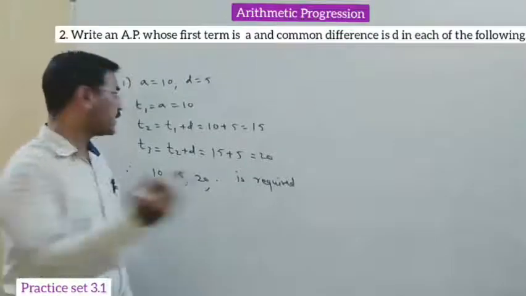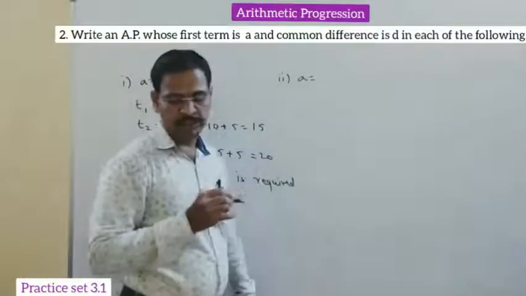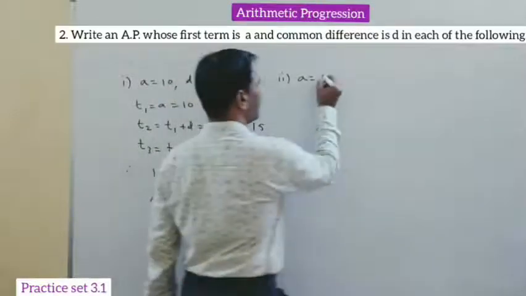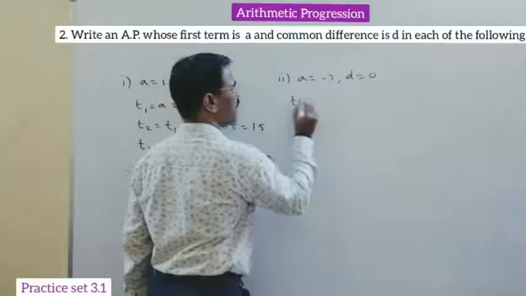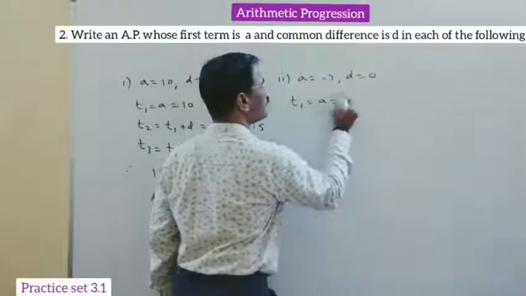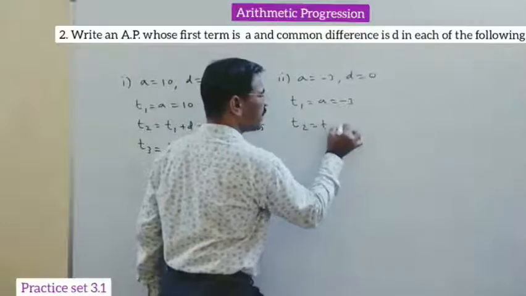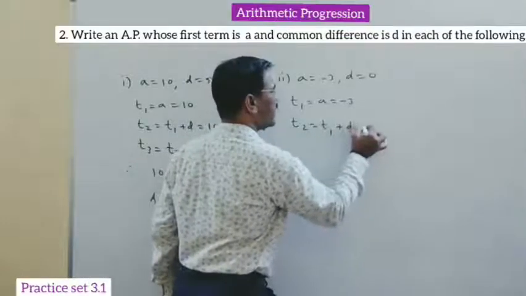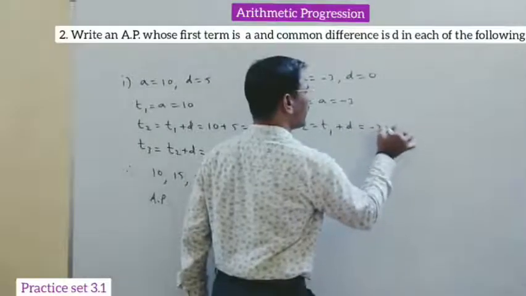Okay friends, see one more given to us. A is equal to minus 3 and D equal to 0. See how simple it is. T1 means A is equal to minus 3. And what about T2? T2 means T1 plus D. Now T1 is minus 3 and D is 0.